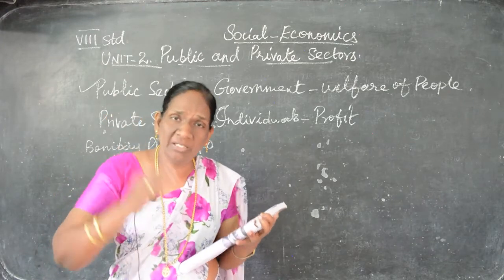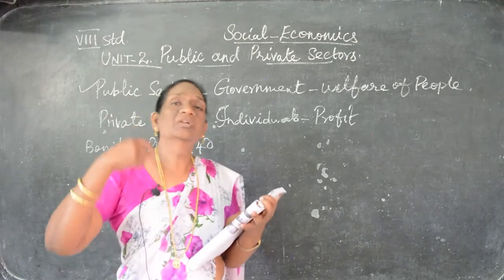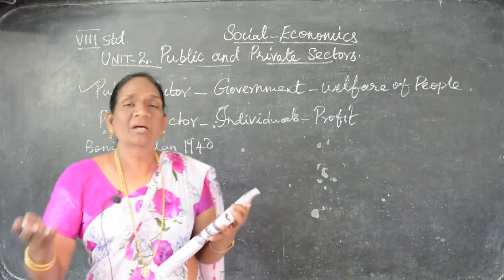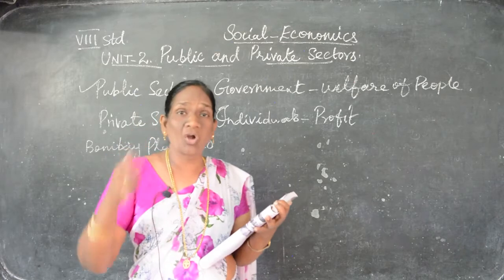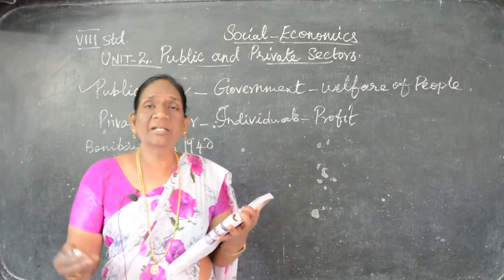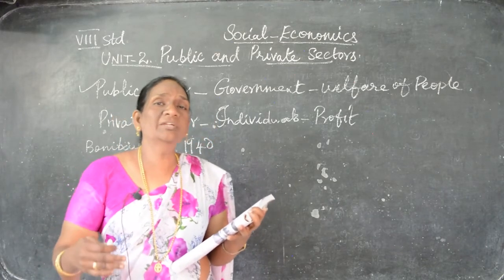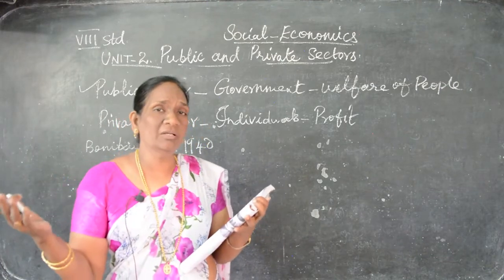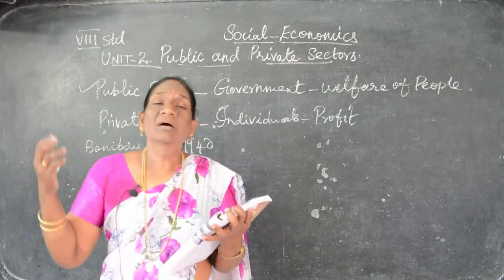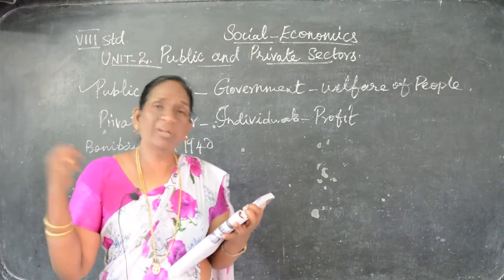Export from India, from our country to other countries. For example, food items, crops from our agriculture and many other items we are exporting to other countries. Also imports, we are buying goods from other countries.